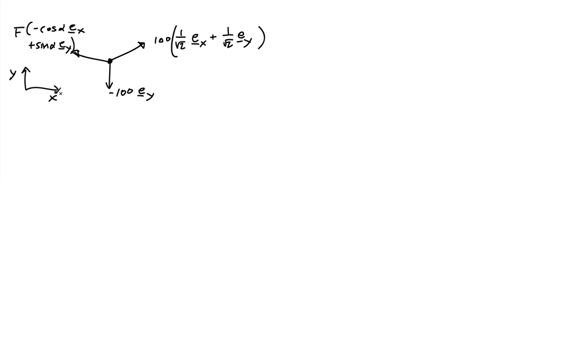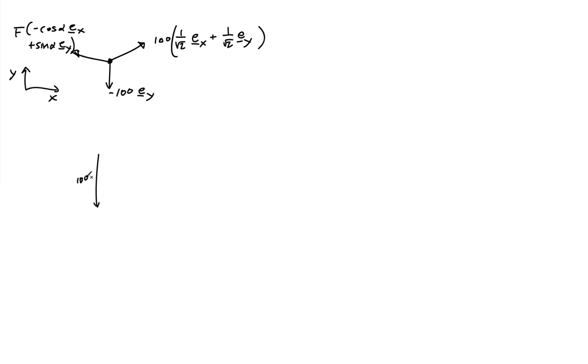We have two choices here for completing the solution for the unknowns alpha and F. One way is to note that if you add vectors head to tail, and they're going to add up to 0, you have to have a closed polygon. Let me do that version first.